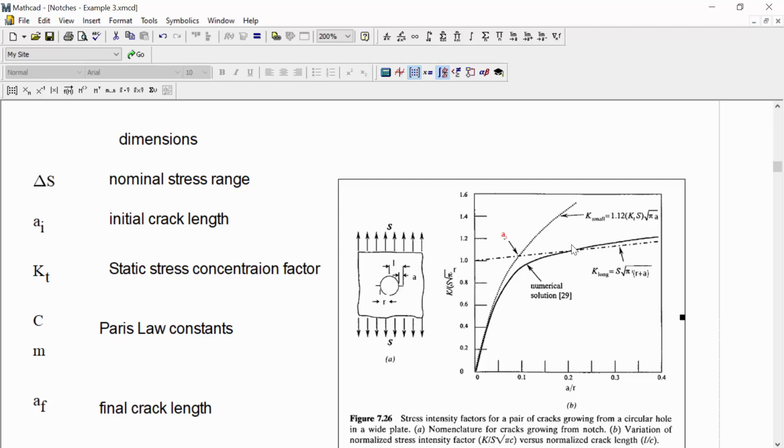And then there is the K factor for a long crack within the body, where the effect of the notch is no longer present, so we're not using a KT or KF factor inside of the equation. So these are the two options that we have.